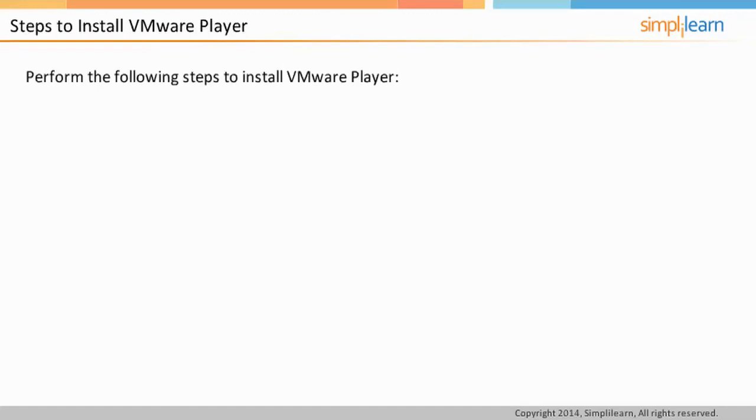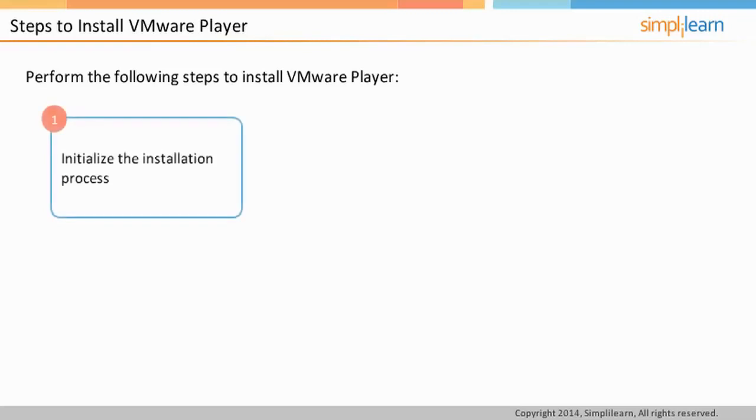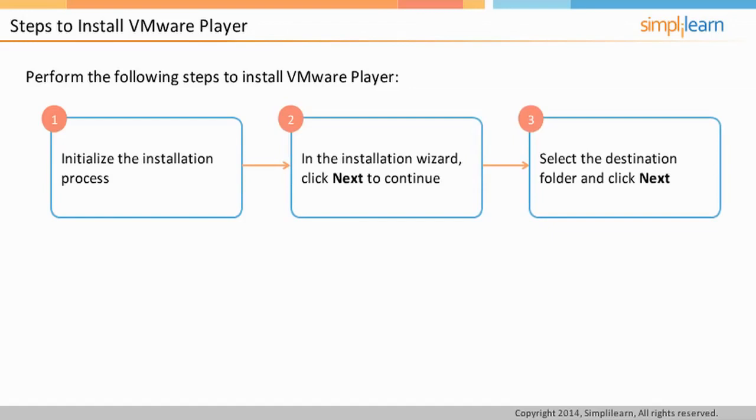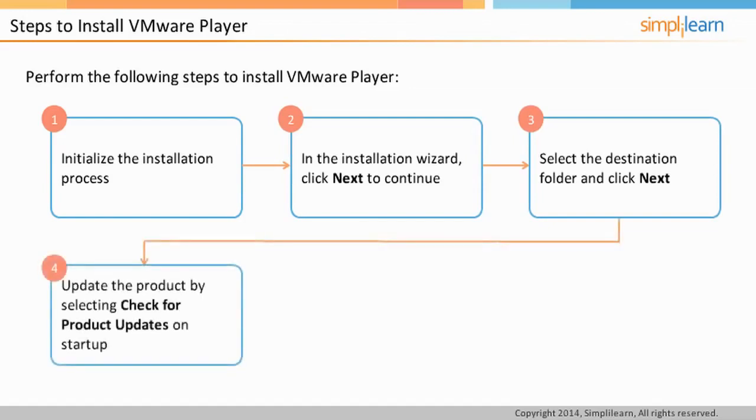Perform the steps shown on screen to install VMware Player. Initialize the installation process. In the installation wizard, click Next to continue. Select the destination folder and click Next. Upgrade the product by selecting Check for Product Updates on Startup.